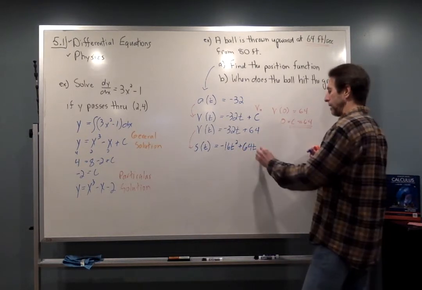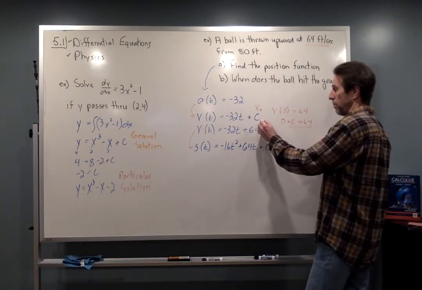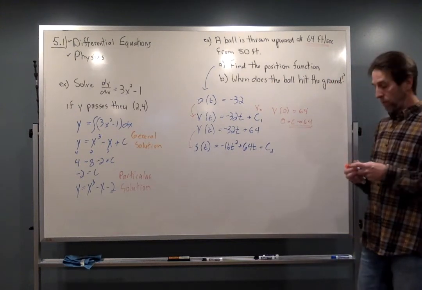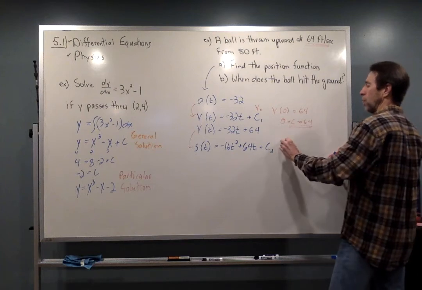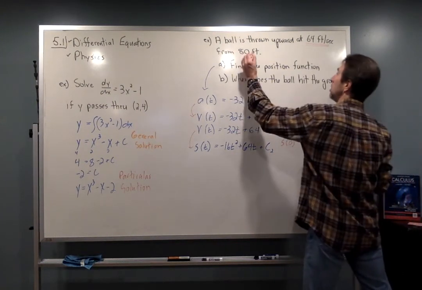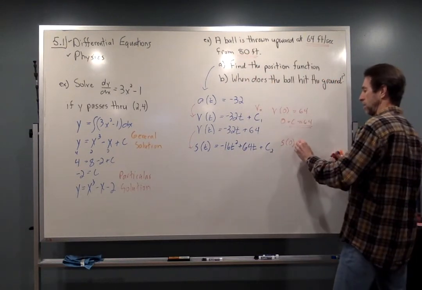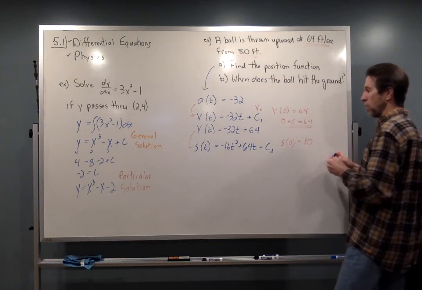And then guess what? There's another constant. Now, they're not the same constants, so maybe we could use subscripts. We don't have to, as long as we realize they could be different. Now we go back to the problem and ask ourselves, what is the position at time 0? Well, at time 0, this thing was already 80 feet high, so that's 80. So now I solve an equation.